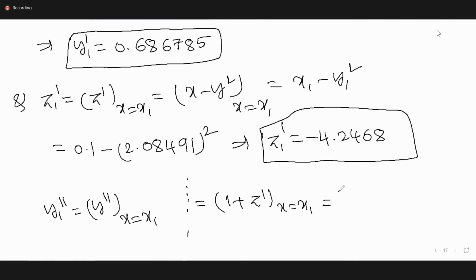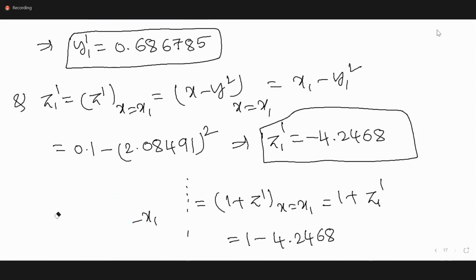That means 1 plus z1 dash. So 1 plus z1 dash, 1 minus 4.2468. Okay? So complete this problem.